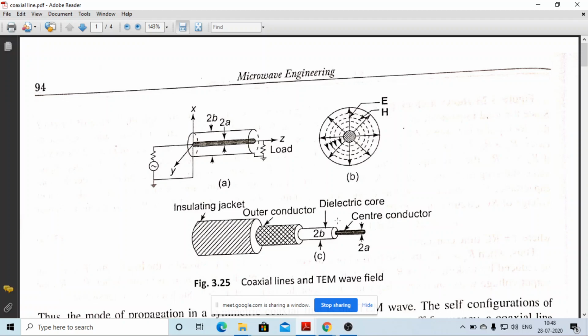It is not a completely rigid material, and it is taken semi-rigid so that it can fit between the two conductors well. So a semi-rigid material is chosen for the dielectric core.